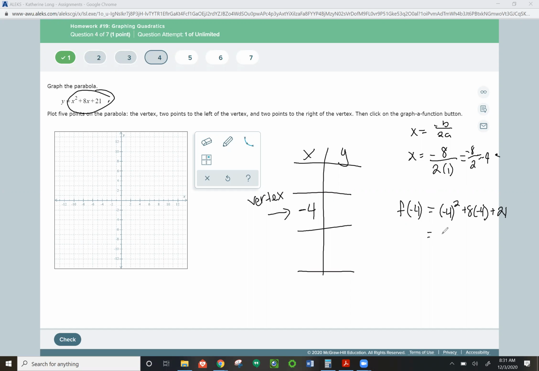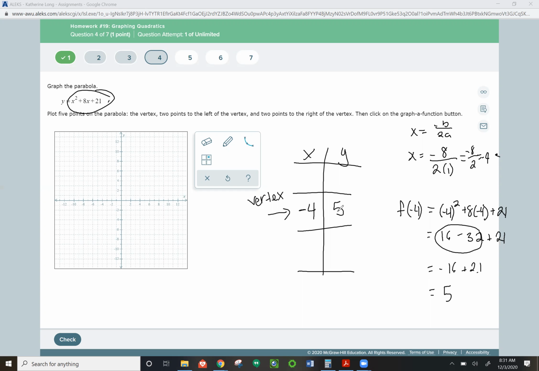So this equals a positive 16 minus 32 plus 21. 16 minus 32 gives me a negative 16 plus 21. Negative 16 plus 21 gives me a positive 5. Okay, so you have to find your 1 point.